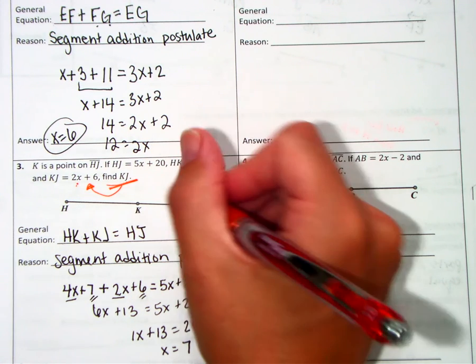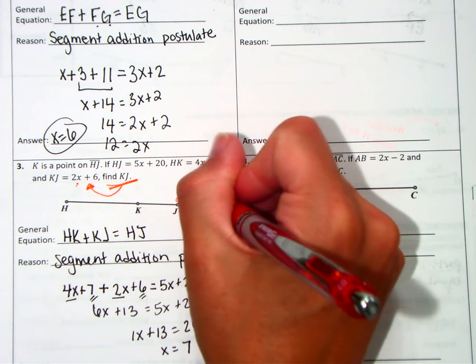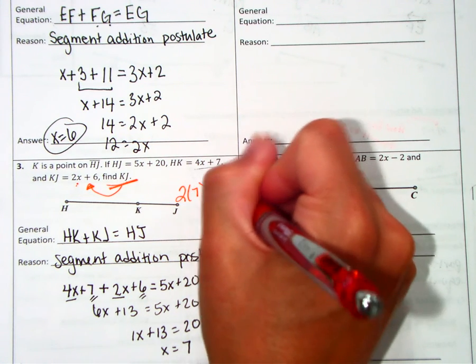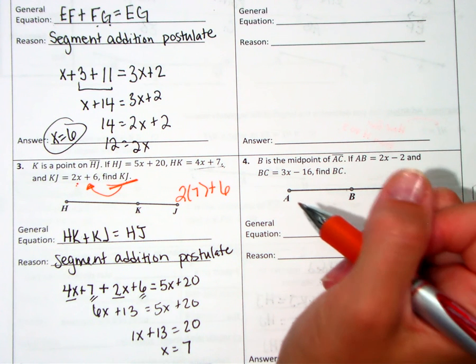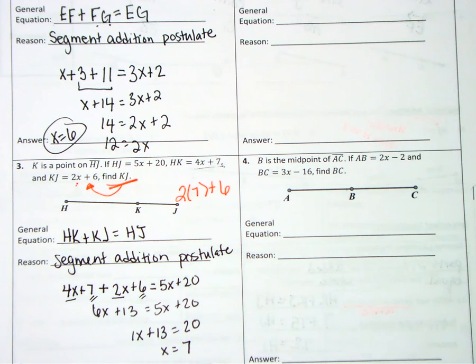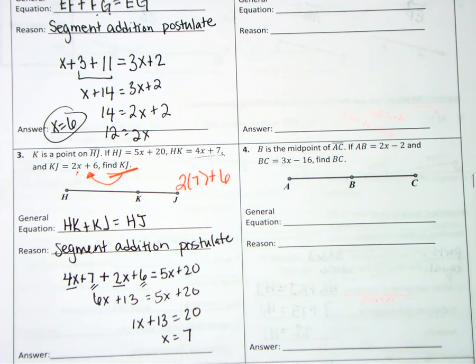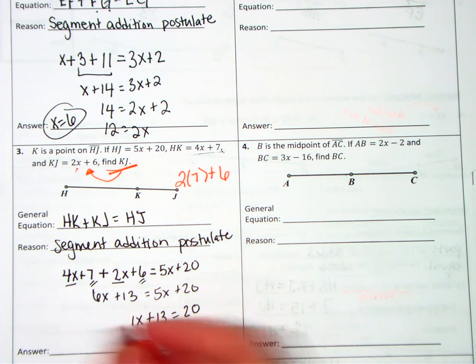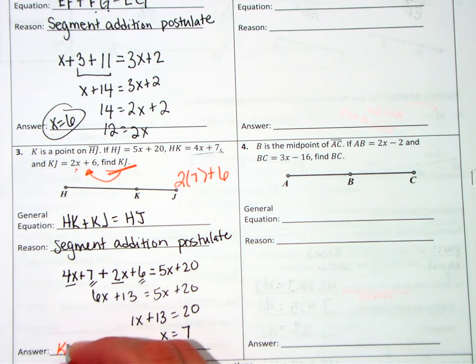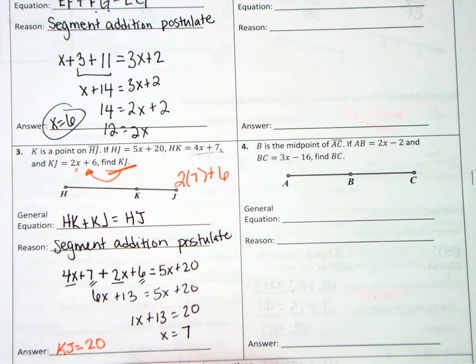So KJ is 2 times 7 plus 6. So that's 14 plus 6, which is 20. And please feel free to use a calculator at any time. I'm not testing your mental math, I'm testing your segment addition postulate. So KJ is equal to 20 as our final answer.